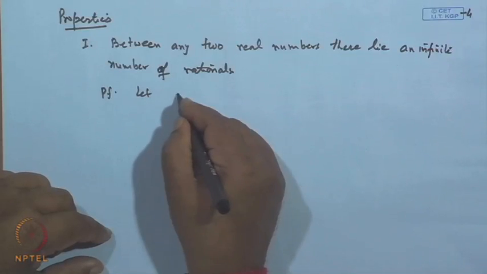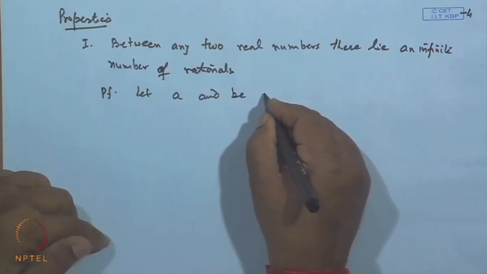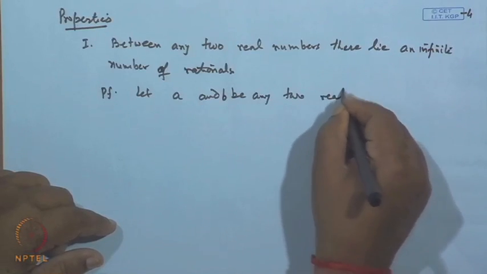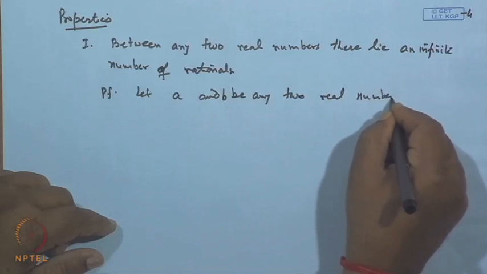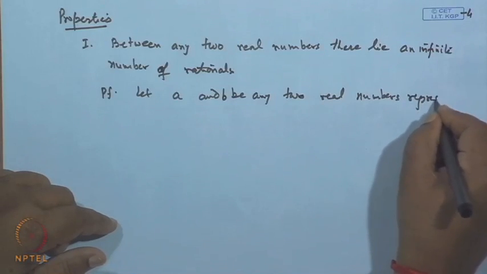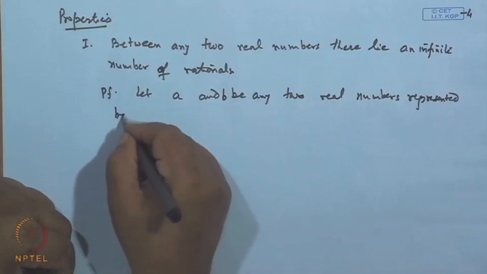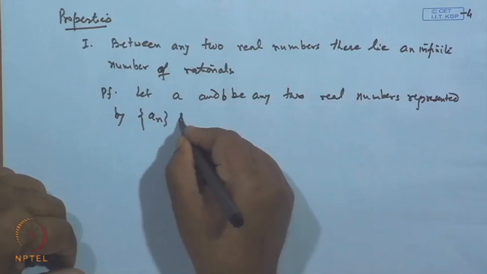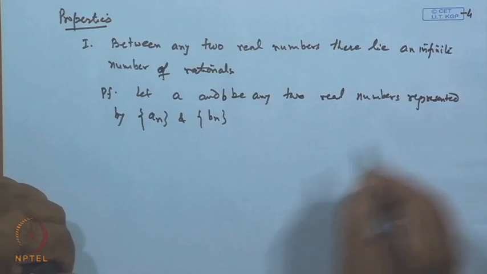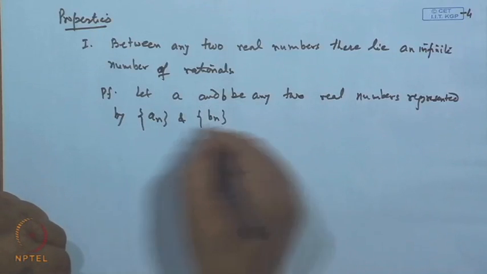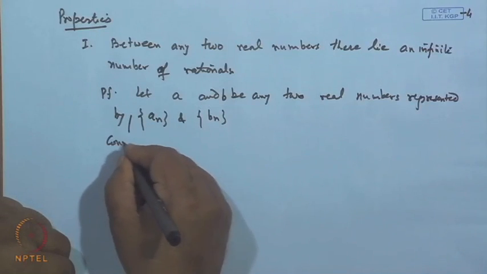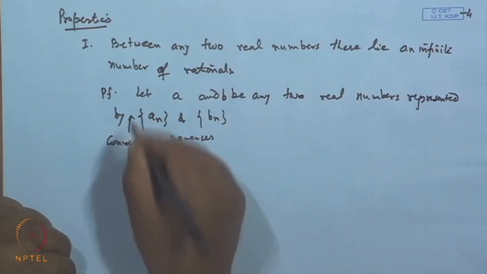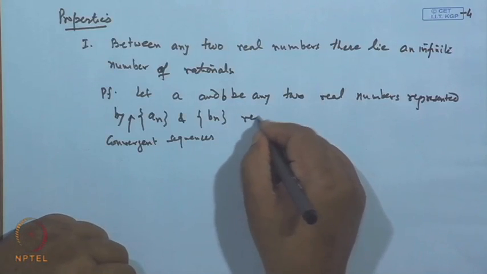Let a and b be any two real numbers represented by the convergent sequences an and bn respectively.